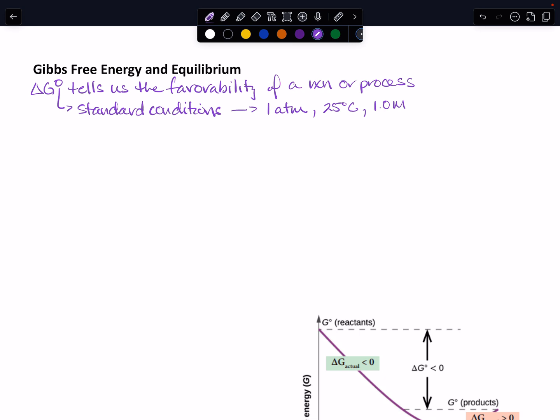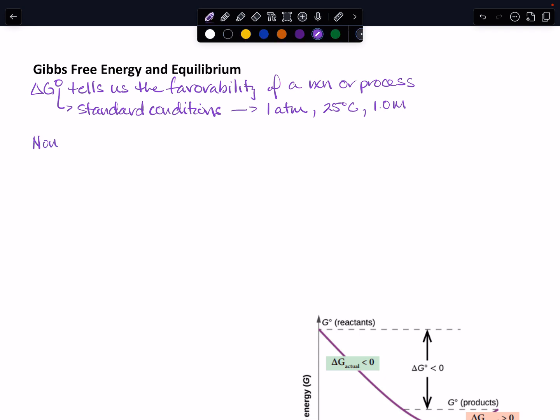And because a lot of our systems are going to deal with solutions, those solutions should be 1 molar in concentration. So all those tables of information that we use to calculate delta H, delta S, or delta G are all standard condition data, which is great, except that not every experiment that we run in a lab is under standard conditions. So we need to calculate the free energy for a system under non-standard conditions.